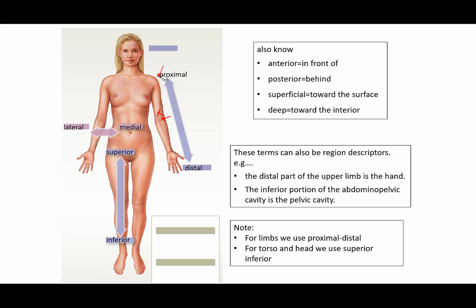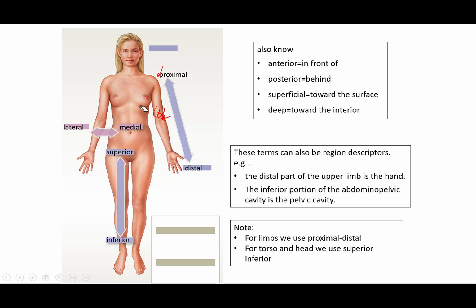If you want to use the term proximal, then you have to say proximal to the antecubital. Because compared to the antecubital here, the wound is closer to the body or closer to the head. That's why you use the term proximal.